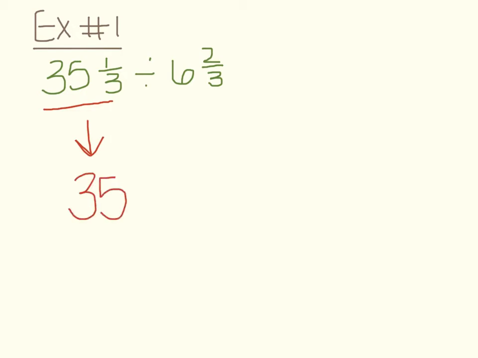And remember, compatible numbers are numbers that are close to those numbers that can be easily divided. Divided by, and then this 6 2/3 would change to 7. And 35 divided by 7 is 5.